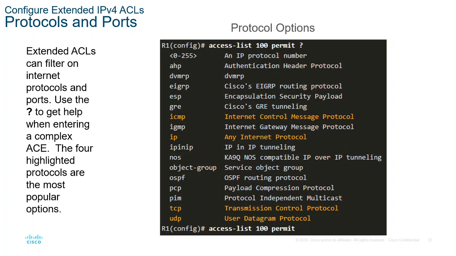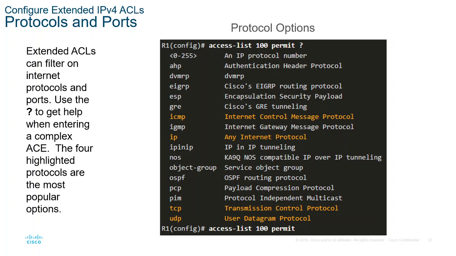And for extended, we can filter not just on the source address, we can also filter based on source and destination address, and source and destination port number services. So that's why there is a big difference in terms of command.